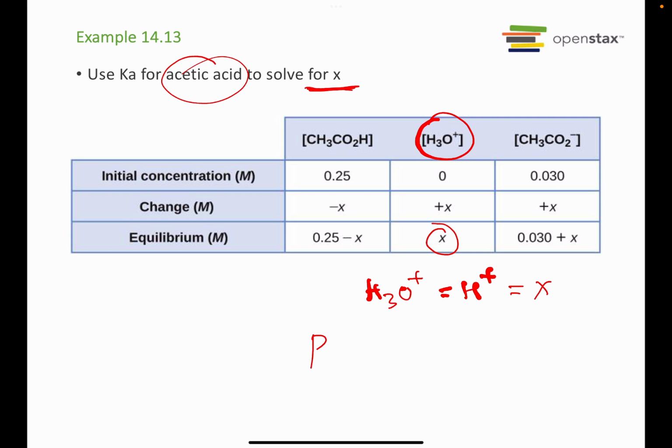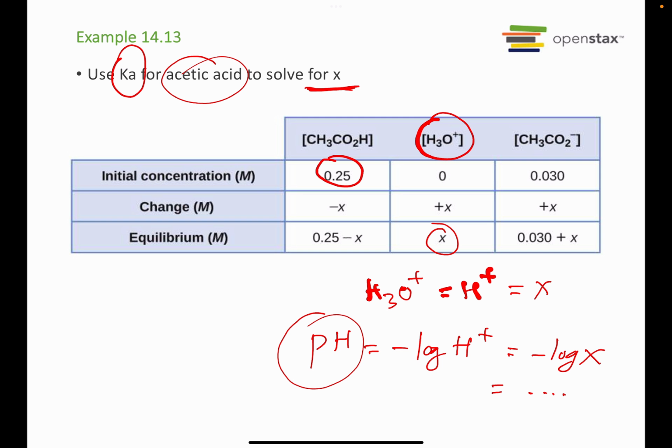And then after you solve for x, you can calculate pH, which is minus log of x. You can solve for pH. It's very cool. So if we know the initial concentration and we know Ka, we can solve for the H plus concentration, and therefore we can find pH.